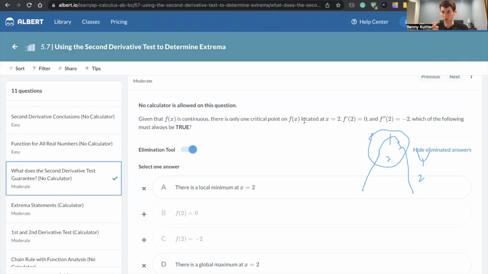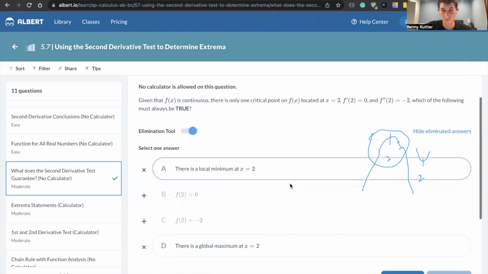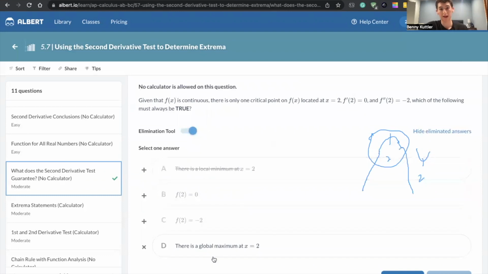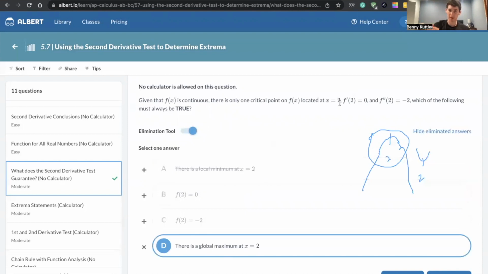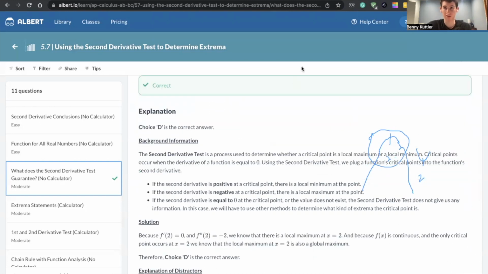And the function's continuous, so it can't just jump up and suddenly start going up. So we know that is not a local minimum. And we know that this is a global maximum because it's a maximum because it's concave down. And because there's only one critical point, this has to be the global maximum because the graph is going downwards around that. And look, it's correct.